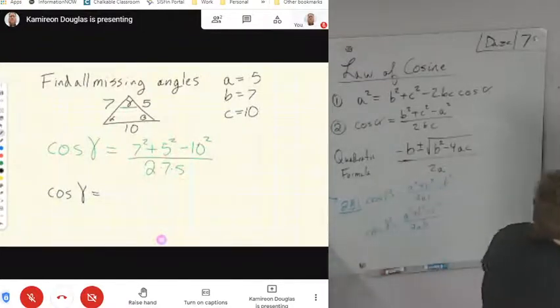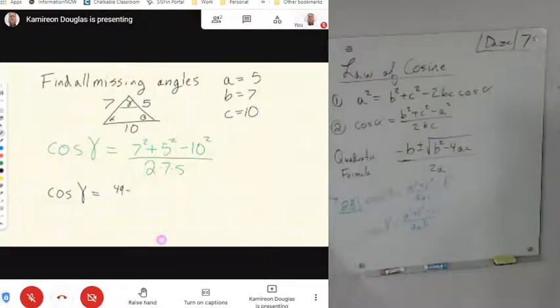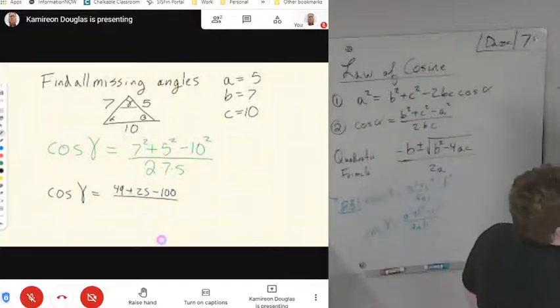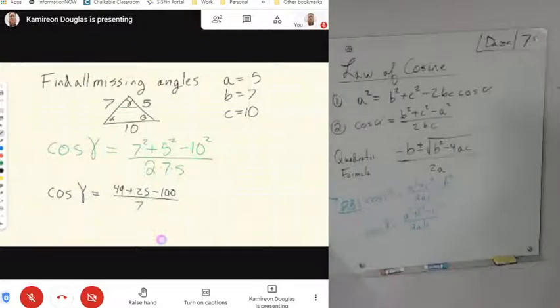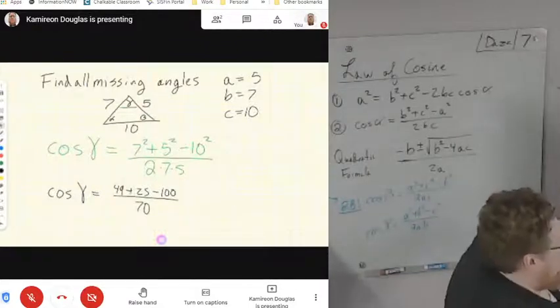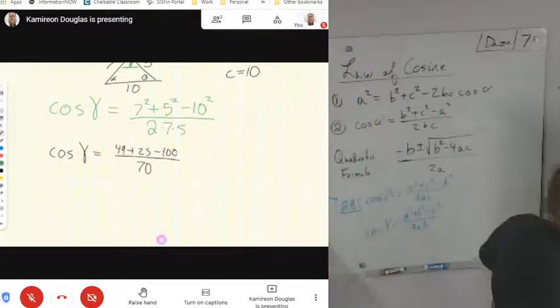7 squared is 49. 5 squared is 25. 10 squared is 100. 2 times 7 is 14 times 5, which is 70. Please, somebody check my calculator.